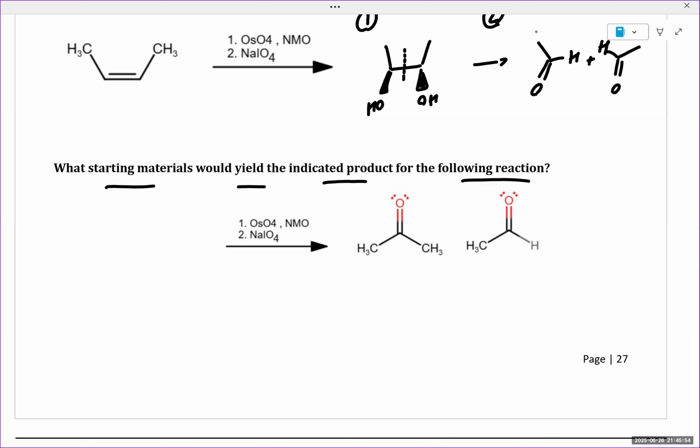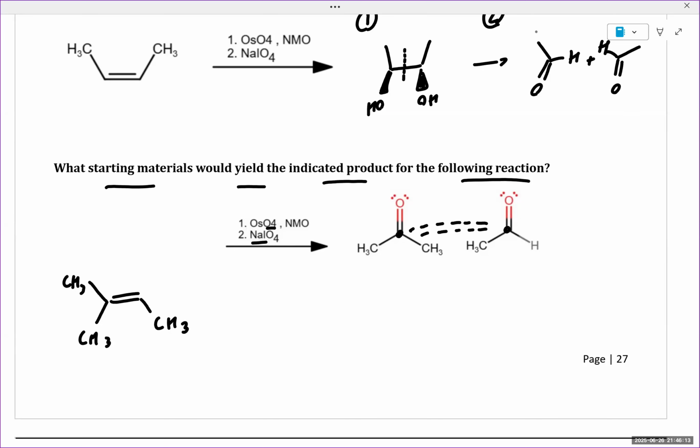Okay, so first and foremost, because we're looking at oxidative cleavage conditions, let's think about what happens if we were to connect these two carbonyl carbons. So on the left, we have two methyl groups attached, and on the right, we have one methyl group.